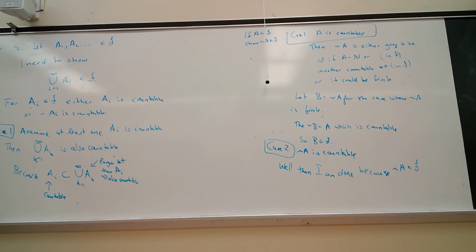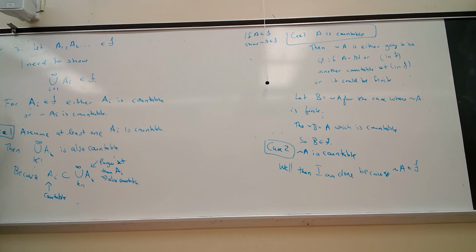If you want a concrete example, let's suppose that all of these guys inside here were finite except for one, and one of them happened to be the evens. Well, then you're going to have the evens plus some more when you union up other things. So this one's going to be larger than just the evens if just one of them was the evens. Make sense?